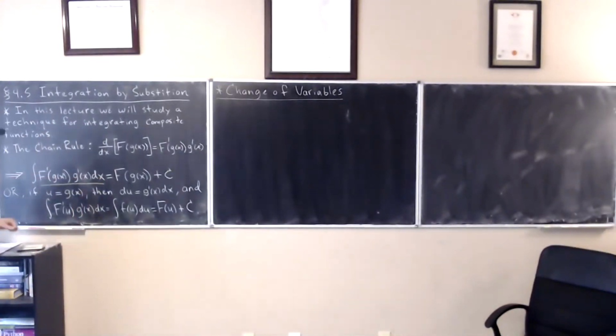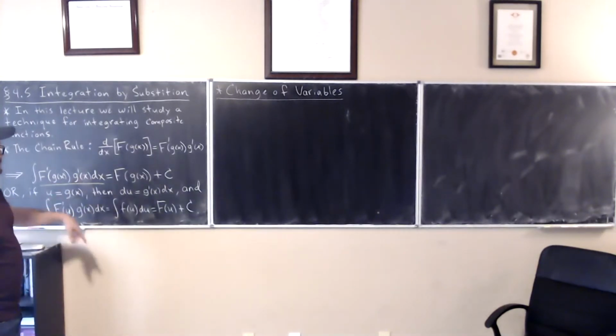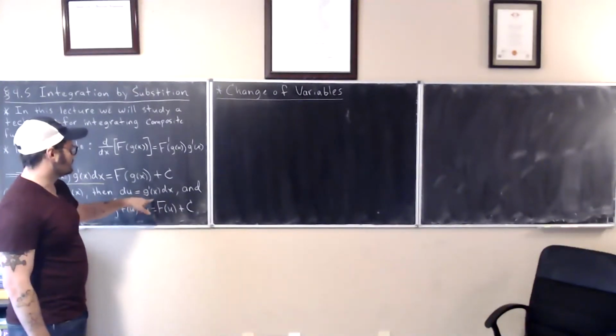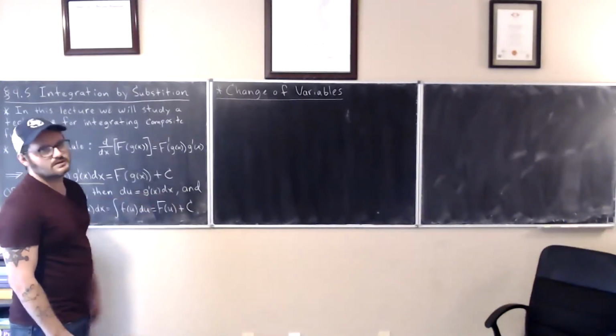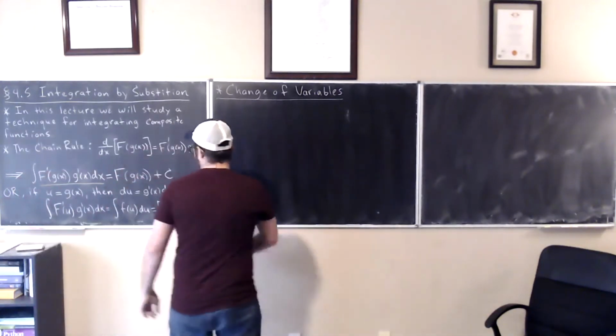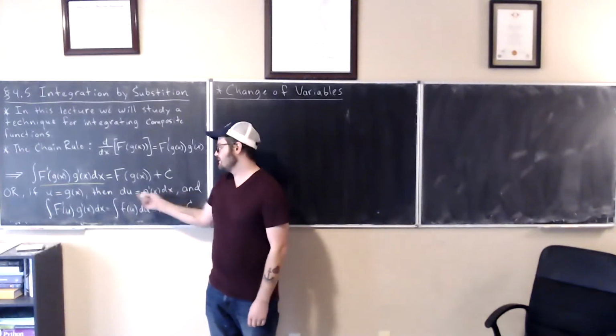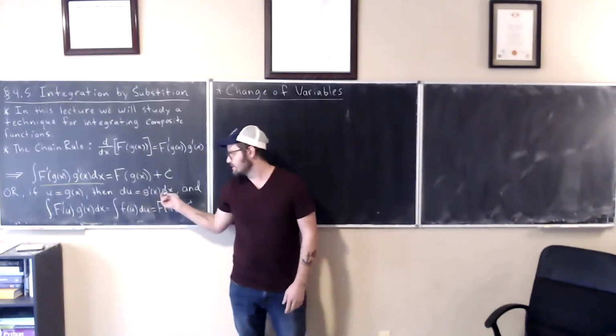It means that we're originally looking at the antiderivative of some function of x, but to make things simpler, we're going to say that u is a function of x, u equals g of x. Then if we take the derivative of u with respect to x, we get that du is equal to g prime of x times dx. Originally it would be du over dx is equal to g prime, so you can think of moving the dx to the other side.